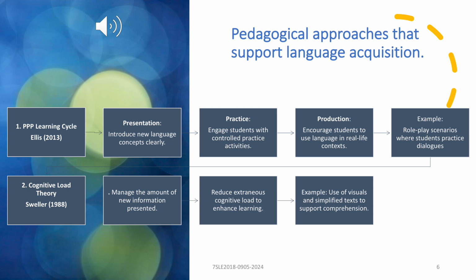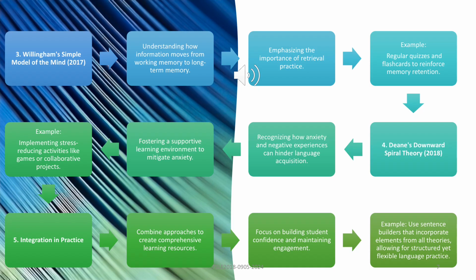Throughout the lesson, the teacher would use simplified text and visual support to enhance comprehension and minimize extraneous cognitive load, ensuring that students can focus on the target language without being overwhelmed by unnecessary information.